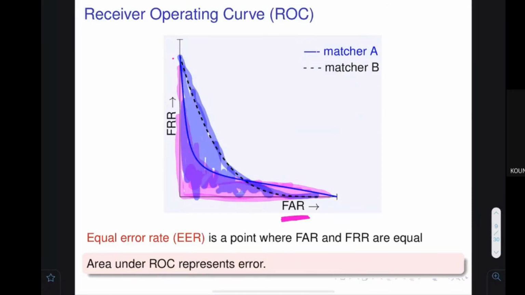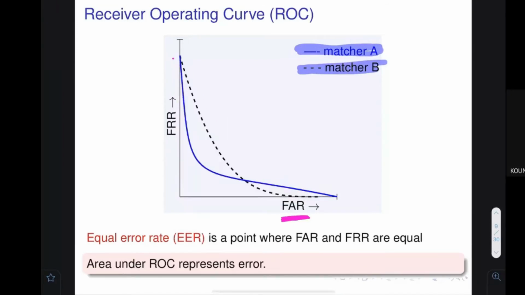If I call the dashed one matcher B and the continuous line matcher A, then which is better, A or B? Which is better? Can you tell me? A seems to be better. Okay, A seems to be unconditionally better.